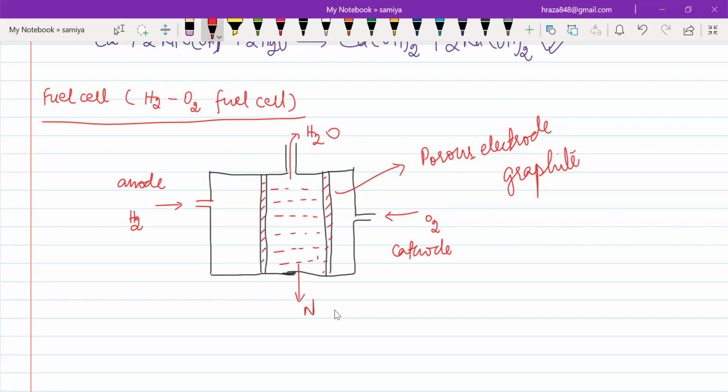Let me know after drawing this. So basically this is a compartment in which you can see a porous graphite electrode is embedded.